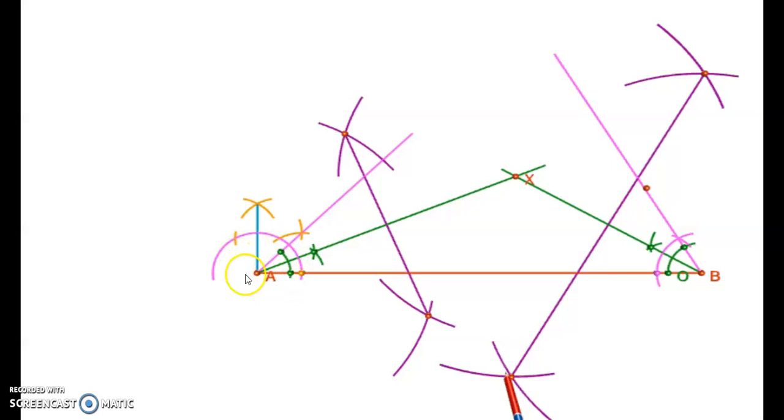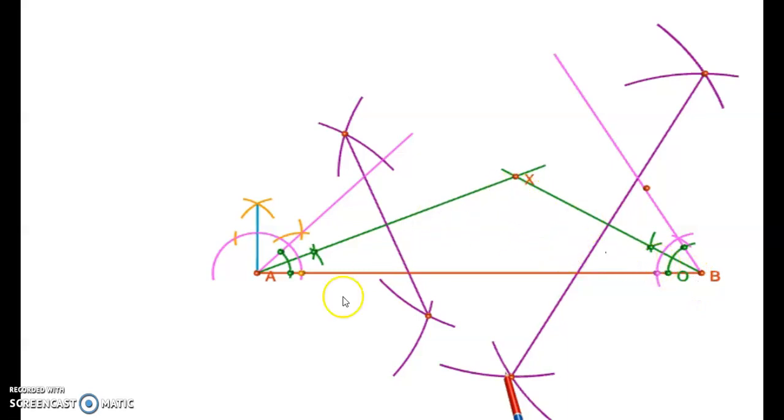Then we have constructed 45 degrees at A, and angle 60 degrees at B, and then we have constructed the angle bisector of 45 degrees at A, and also the angle bisector of 60 degrees at B. And then we got two line segments AX and BX. We have constructed the perpendicular bisector of AX and also the perpendicular bisector of BX.